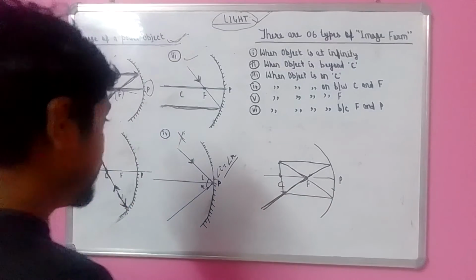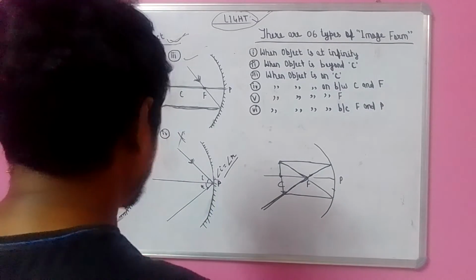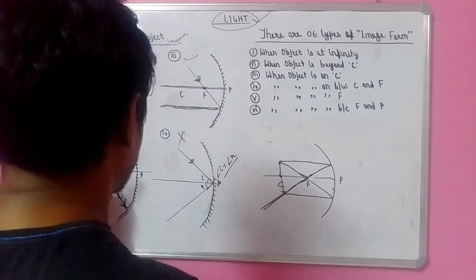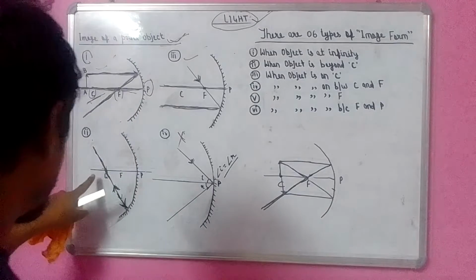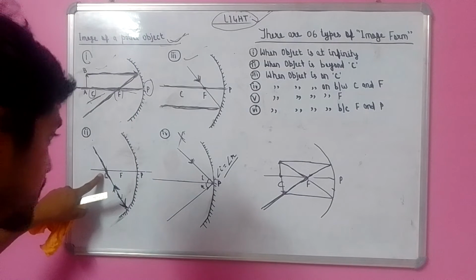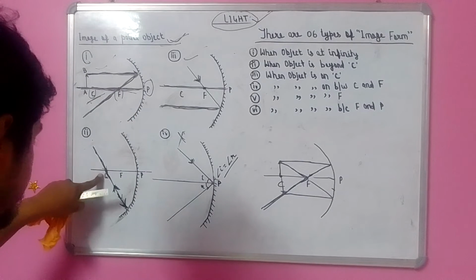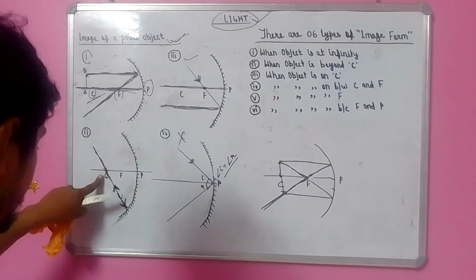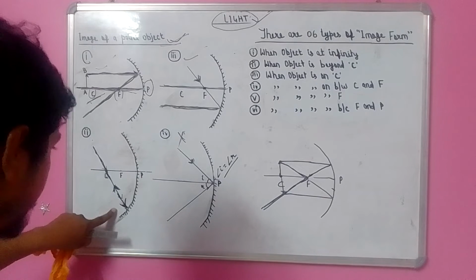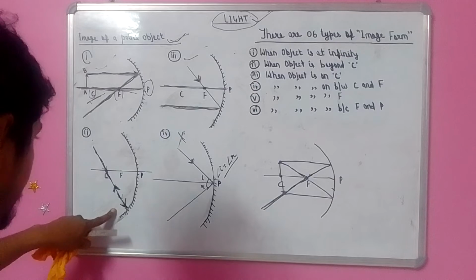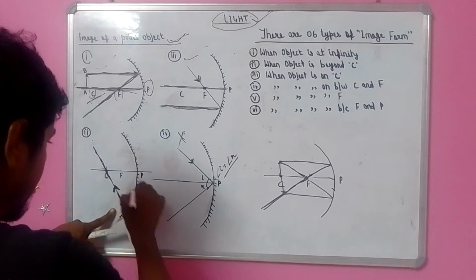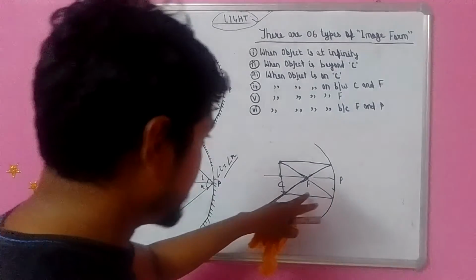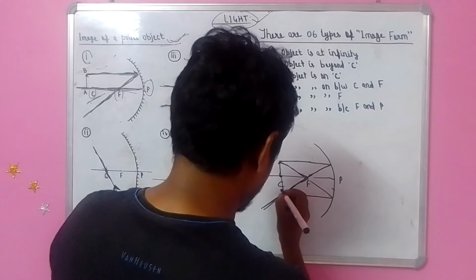According to the rule, when the light passes through the center of curvature, after reflection it goes back in the same path. So the same thing will happen here.